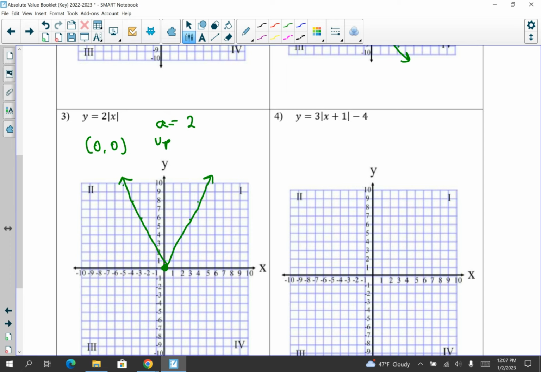Okay. Now number 4, I can see our h is -1, our k is -4, and our a is 3. So again, it's going to open up and be a narrower graph, a vertical stretch. So we've got (-1, -4), then it's going to go up 1, 2, 3 to the right 1.